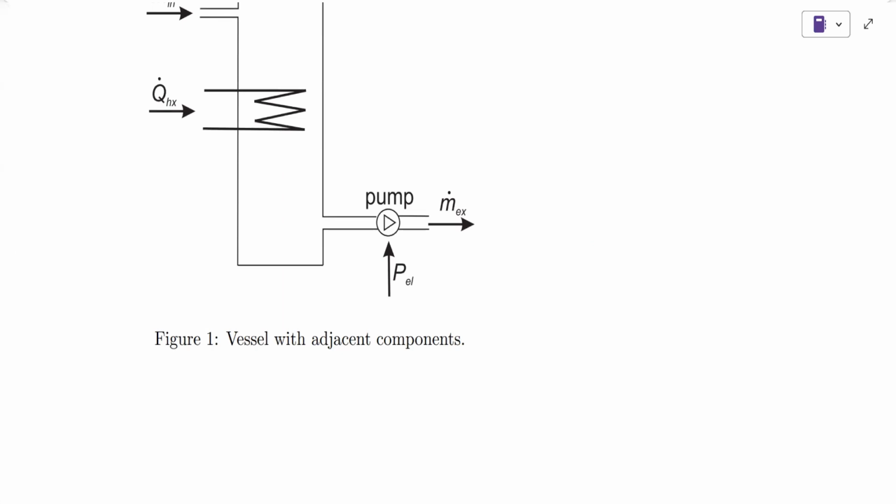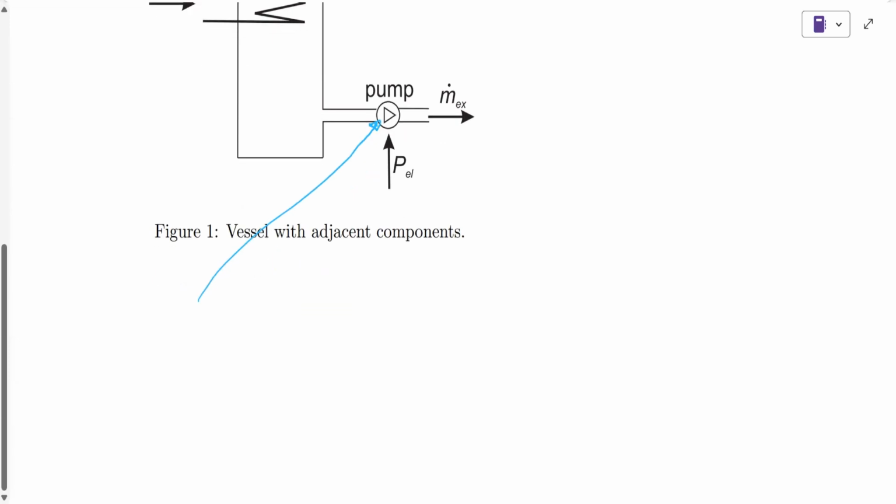So the first one would be, for example, let's take another point. Let's take a pump. Let's say on the pump you want to have a look at the cavitation that may occur.